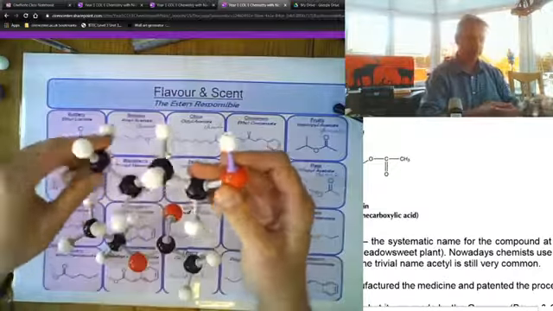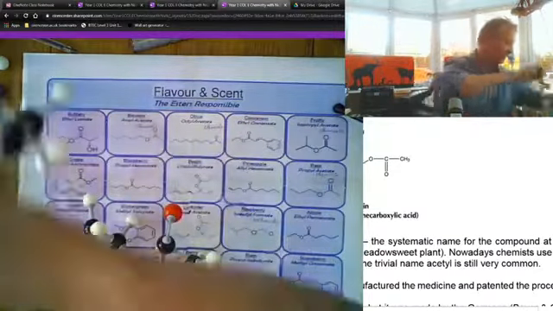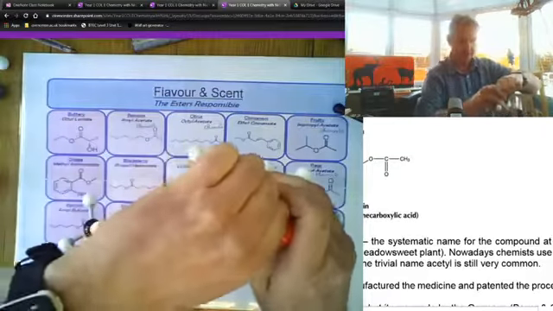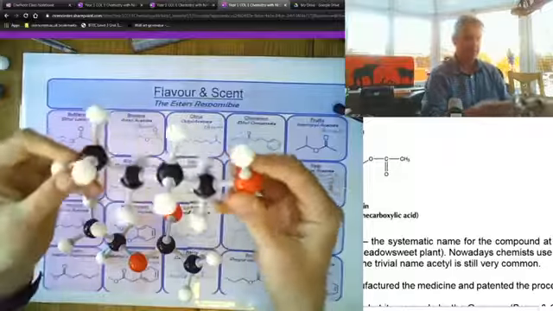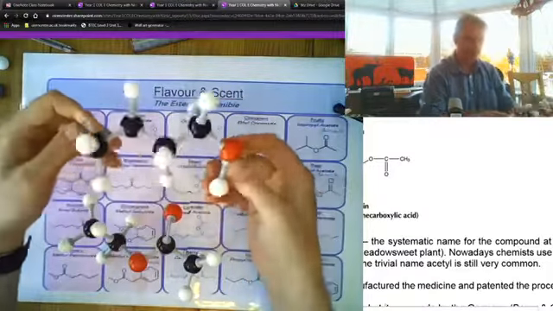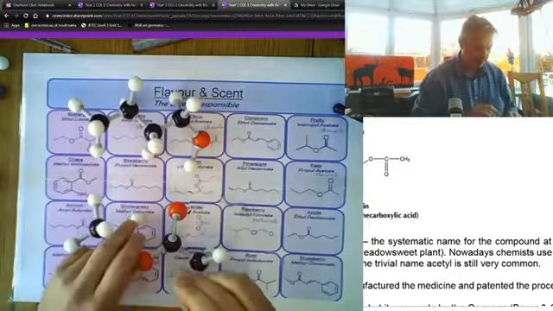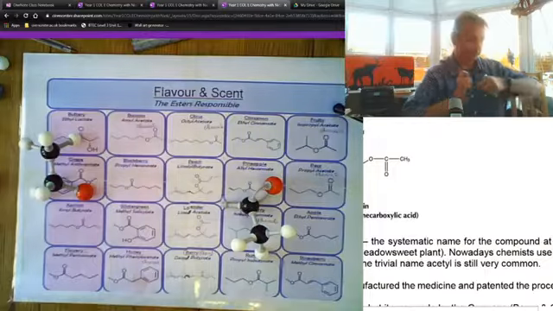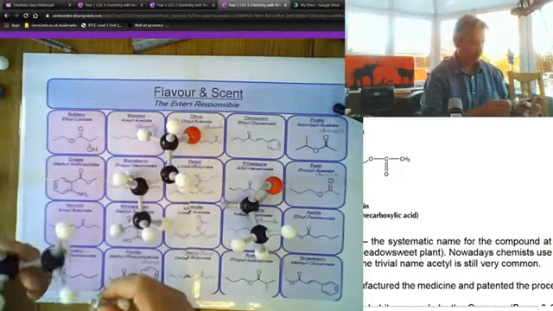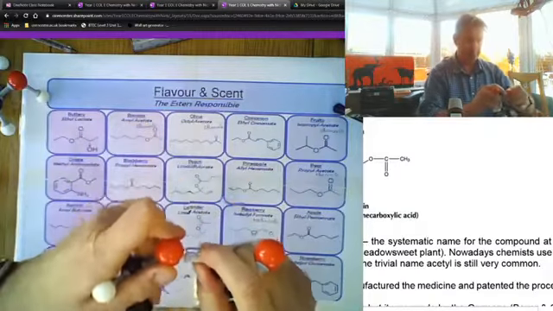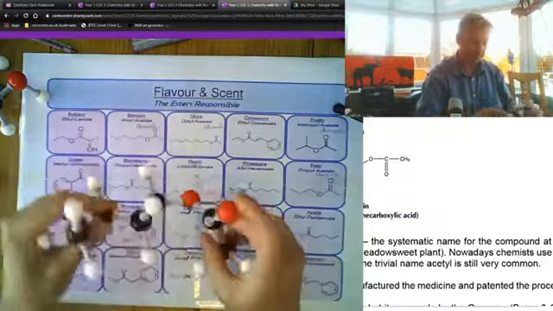Now, I could take something different. So here, I ran out of white, grey ones of those. Let's make it look better. Let's have a proper grey one on there. So here I've got propan-1-ol in fact. So what I could do is I could replace the ethanol with propan-1-ol, sorry, butan-1-ol even, because it's got four carbons.